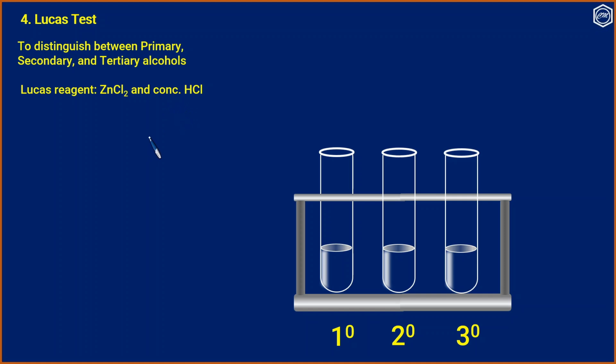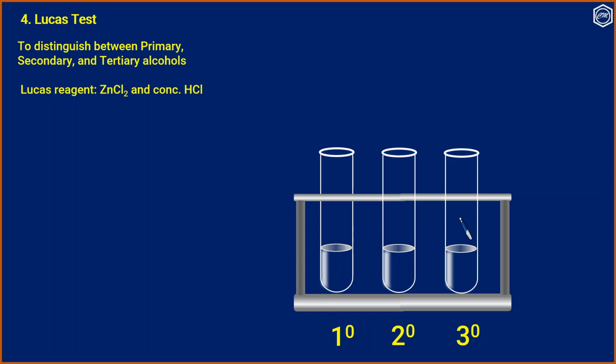Tertiary alcohols react almost instantaneously. Secondary reacts in about 1 to 5 minutes, and primary alcohols react very slowly. At room temperature, there may not be any reaction at all.